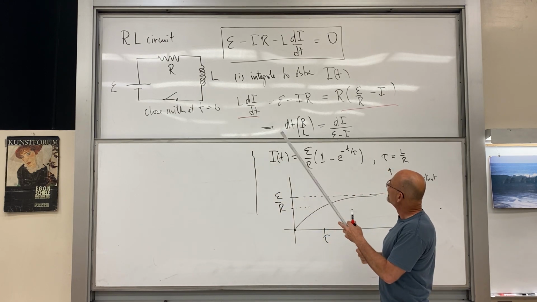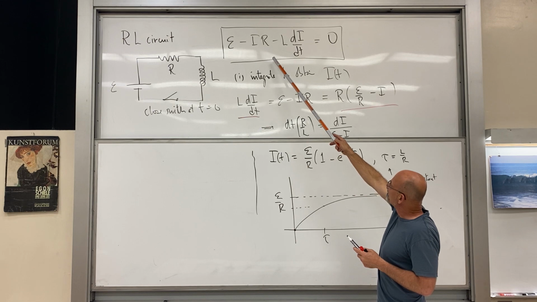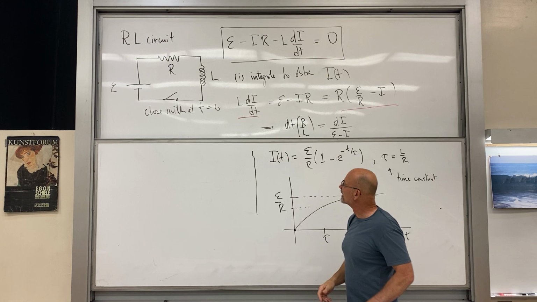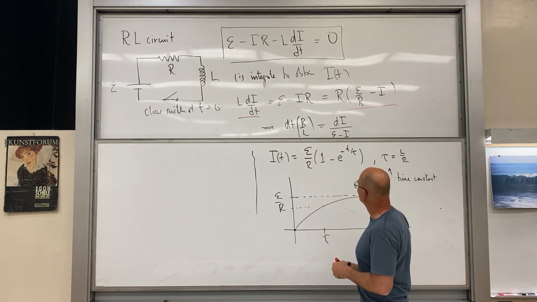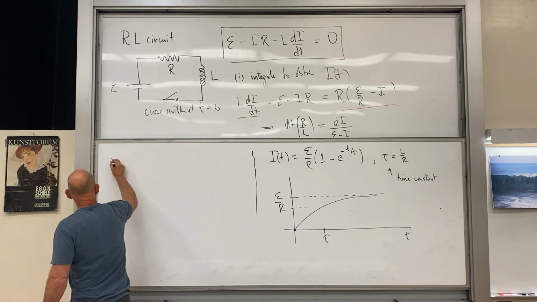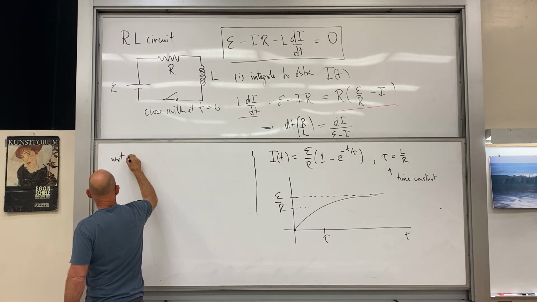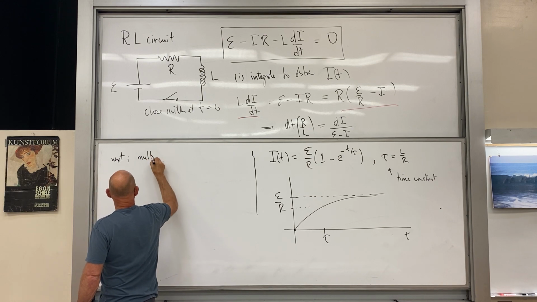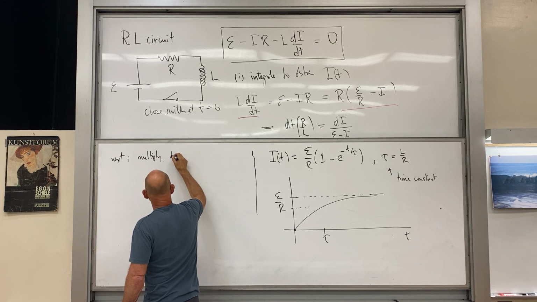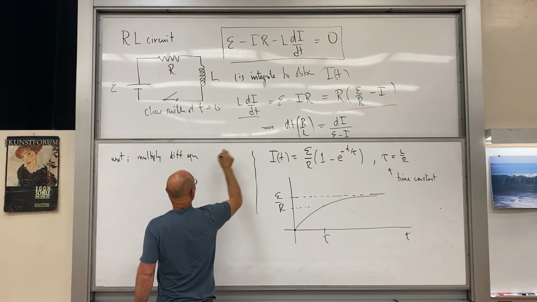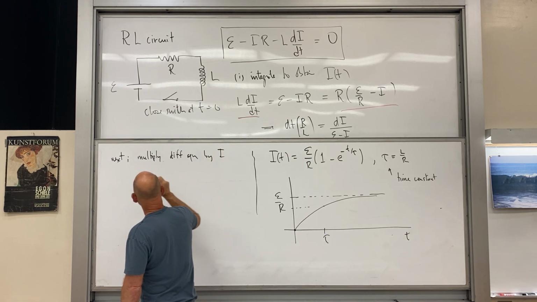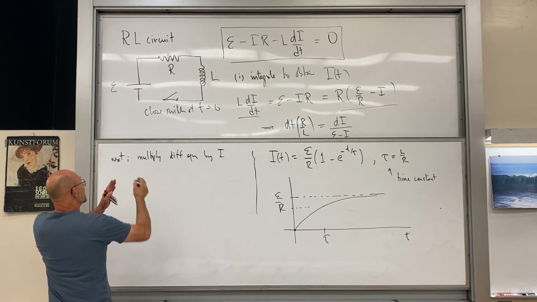And for that, we go back to this differential equation and multiply it by I. So next, multiply the differential equation, you could name it star, whatever, by I, and we'll turn it into this equation here.